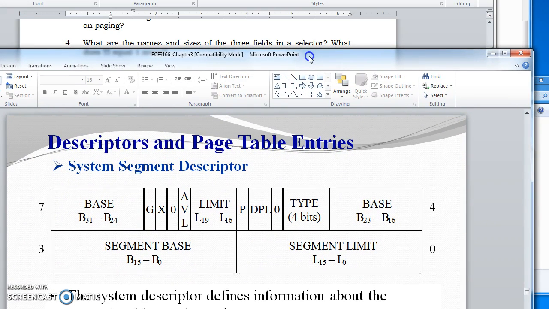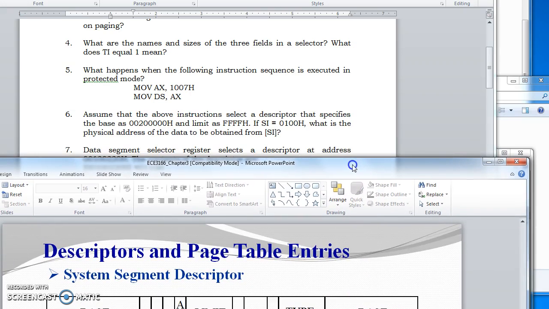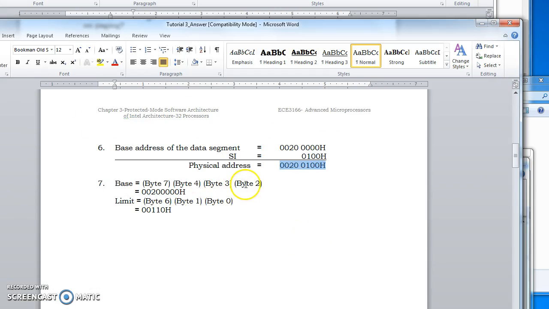The base will be in bytes. This is byte 0, byte 1, byte 2, byte 3. So the base is byte 2, byte 3, byte 4, and byte 7. As mentioned in the answer there, the base is byte 2, byte 3, byte 4, and byte 7.